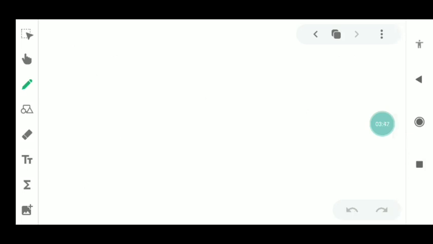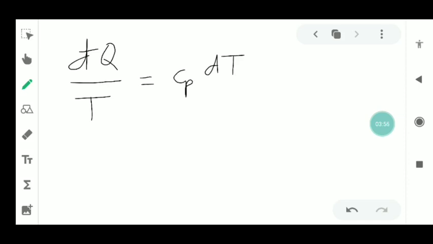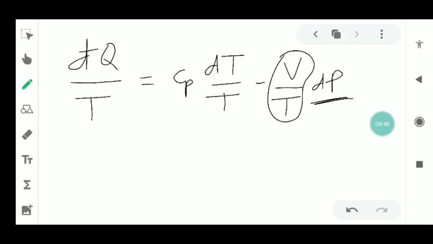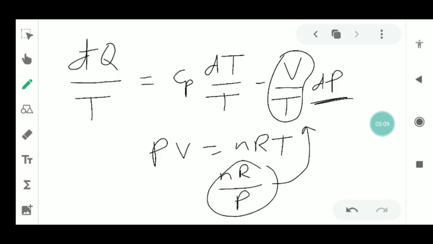We will divide by T. So we will get dq by T is equal to Cp dt over T minus v by T into dp. Now here the variable is P, and here there is no P. So using the ideal gas equation, we will convert this into the variable P. We know PV is equal to nRT, and therefore we can write V by T is equal to nR upon P. We will substitute this in this equation.